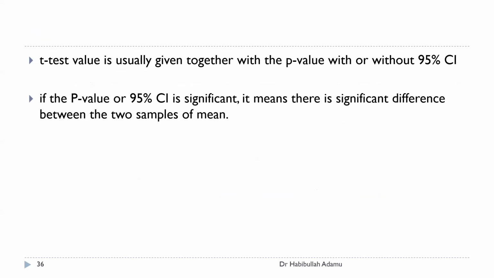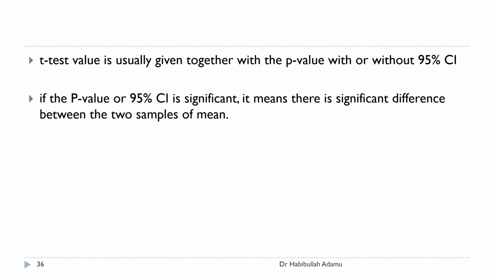The same thing, don't bother so much, like we said when we were interpreting the chi-square test. We said we shouldn't bother so much about the value of the chi-square test, but we should focus on the p-value or the 95% confidence interval. The same thing applies here. If we are using t-test, we are going to have at least two values. One value representing the t-test, that is the test statistic value, and the other one is the p-value.